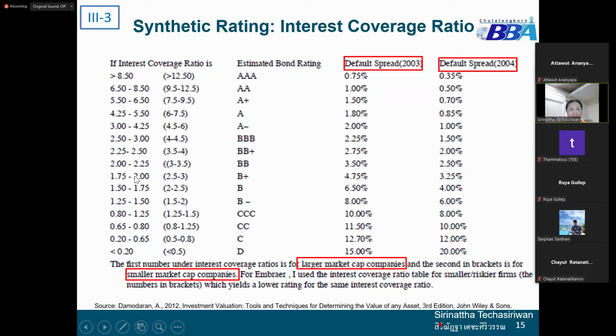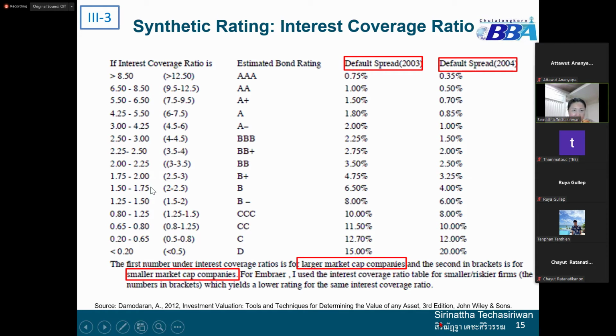And this is the map of the rating provided by the Damodaran textbook, which was published in 2012, which is quite a long time ago. This ratio can change over time.